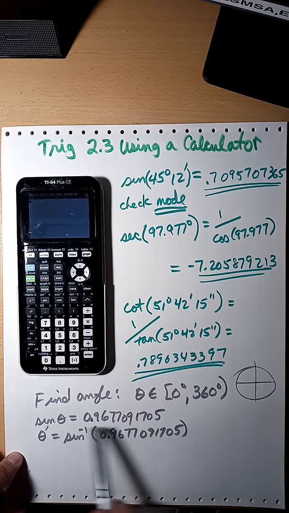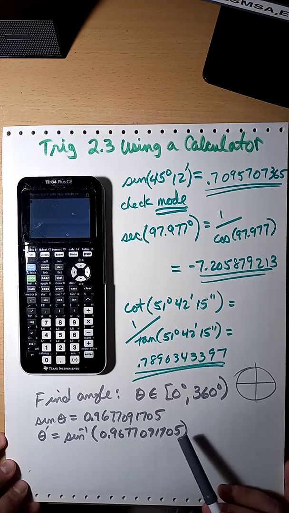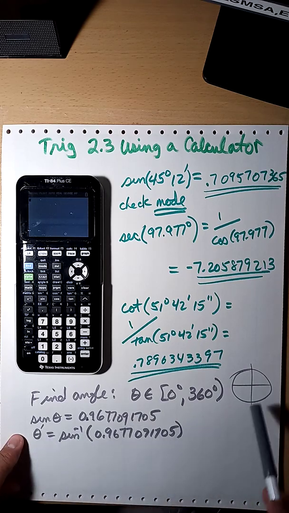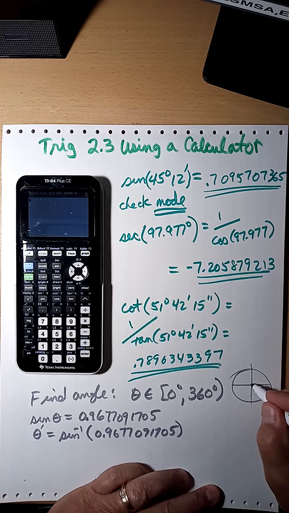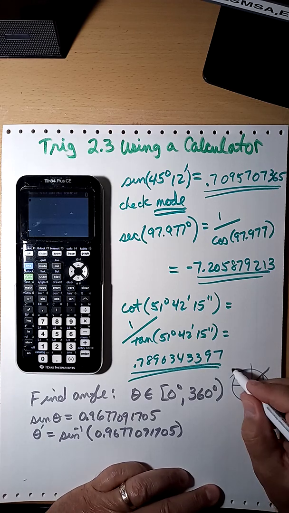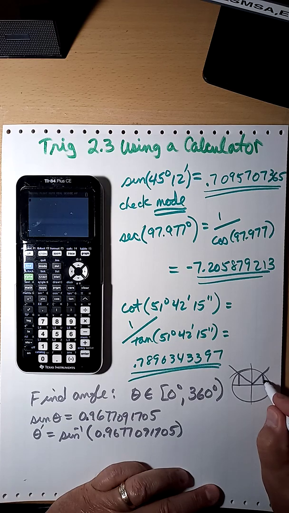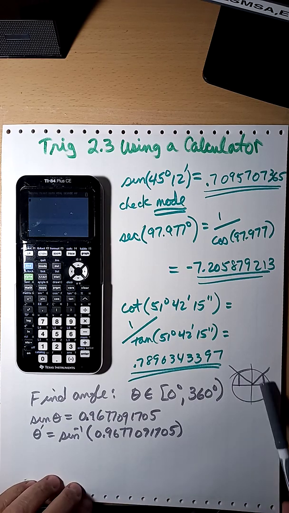So, if you want all the values, then you've got to say, okay, which of these quadrants is the sine positive? Well, they're all positive in the first quadrant, and the sine and cosecant are positive in the second quadrant. So this will give you something to help you find both of those.